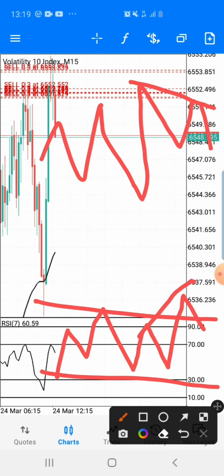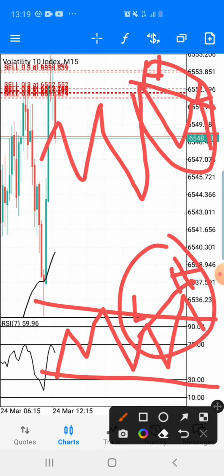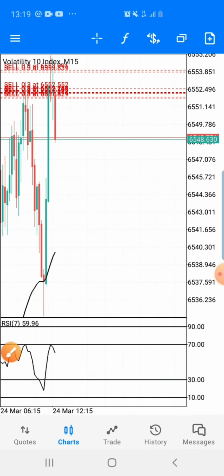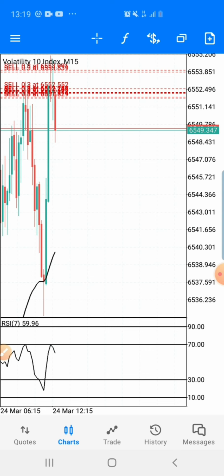This one is higher, while this one is high and this is low, so this is creating a lower low. This side is a signal of a downtrend, while this side is a signal for an uptrend. So that is the divergence between the RSI and the chart.